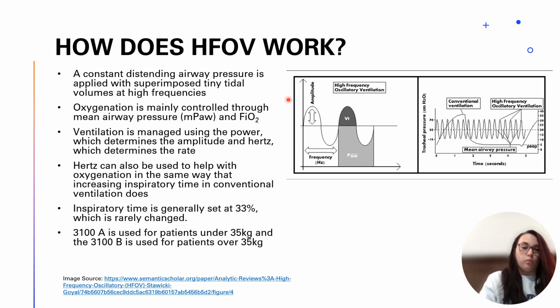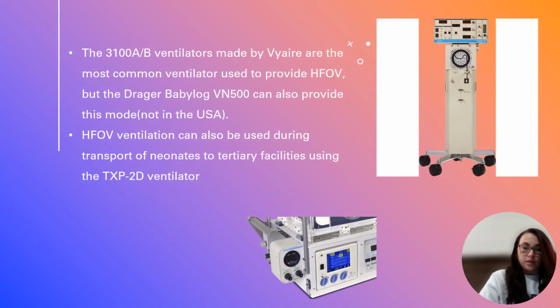When you're looking at which of the two oscillators to use, you have the 3100A and the 3100B. The 3100A is generally for your neonatal and infant population, very small children under 35 kilos, and the B is for bigger kids and adults, or anyone over 35 kilos. These are made by Vyaire, and this is the most common ventilator used to provide HFOV, especially in the United States.